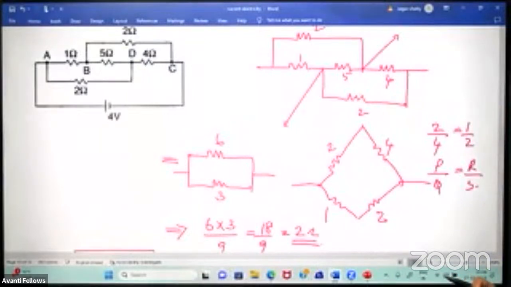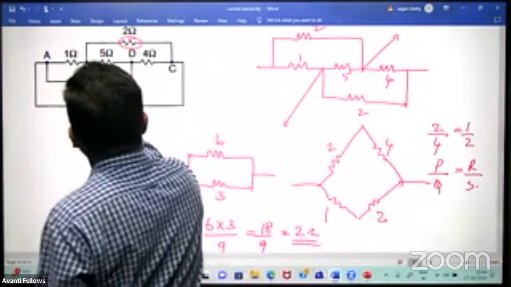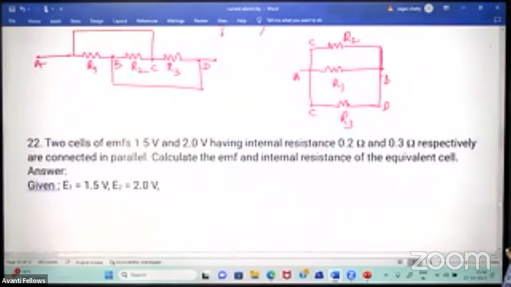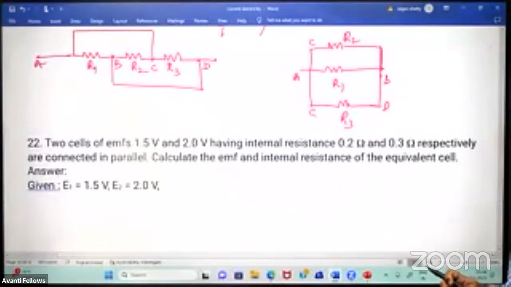So altogether 5 elements are there. Then it reduces to Wheatstone's bridge. And if the resistor is not there at this point, then it becomes a parallel combination. All resistors are connected in parallel.